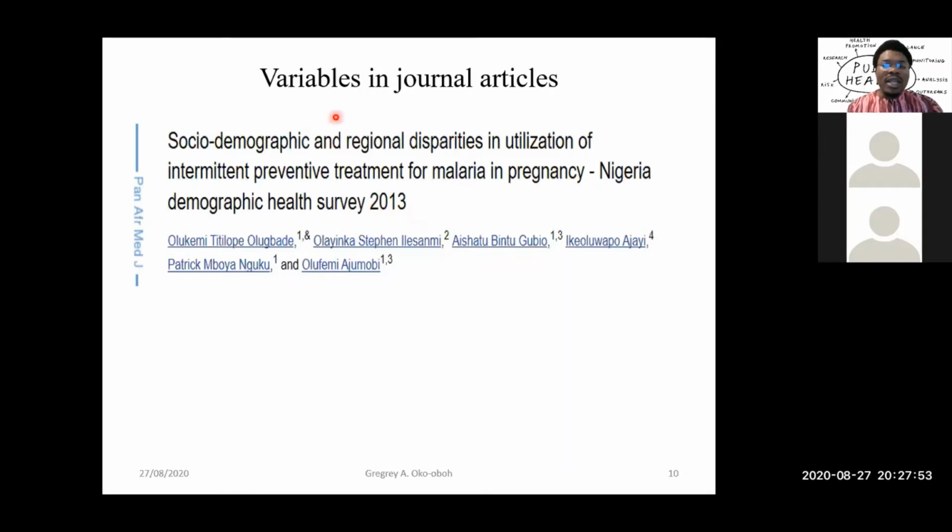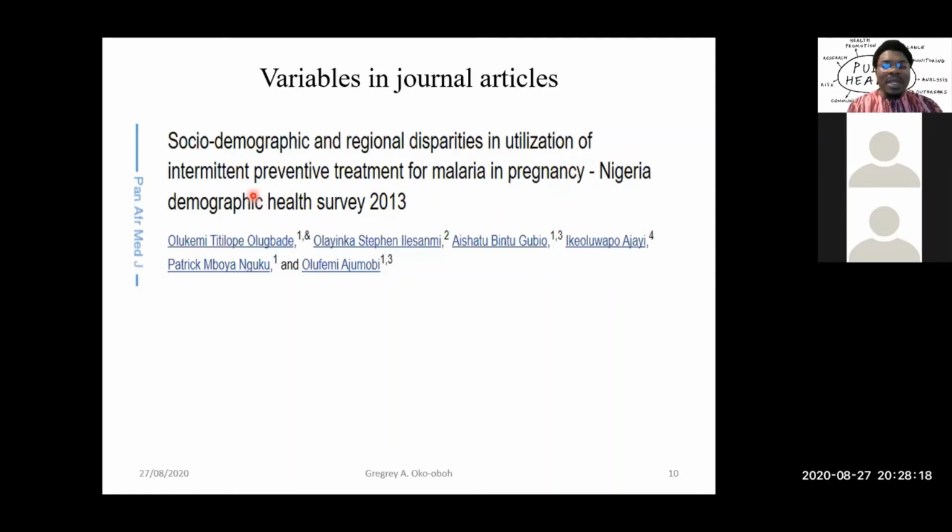Now, just looking at this title for this particular article, you can already spot the dependent variable and the independent variable. If everyone should take a minute to look at this now, you notice that the dependent or outcome variable that these researchers are interested in is utilization.